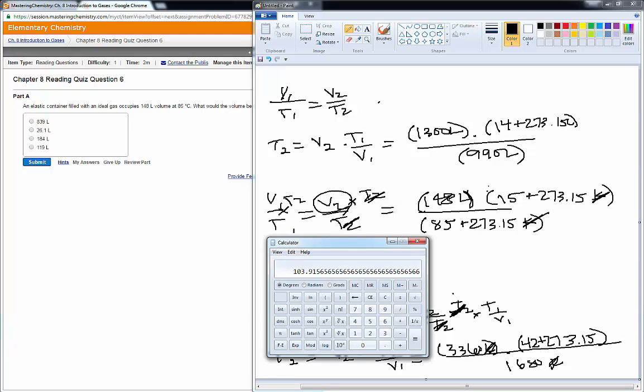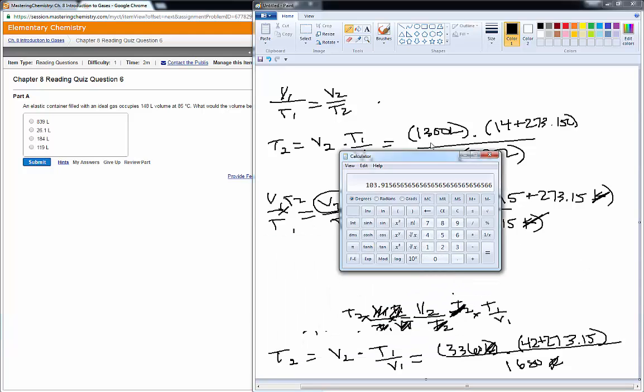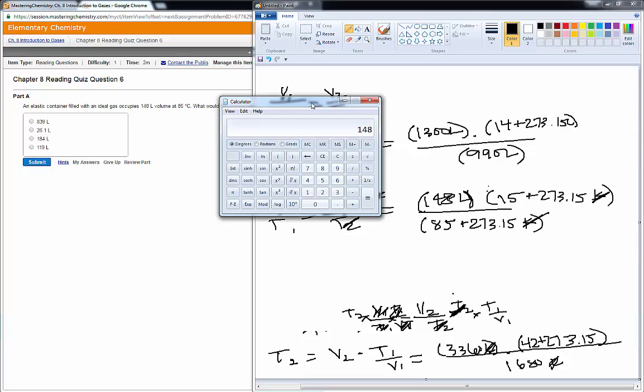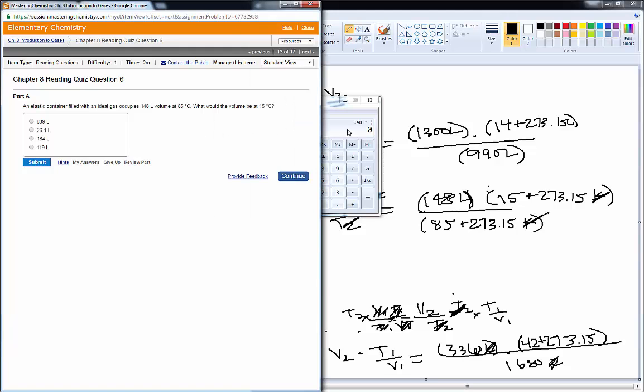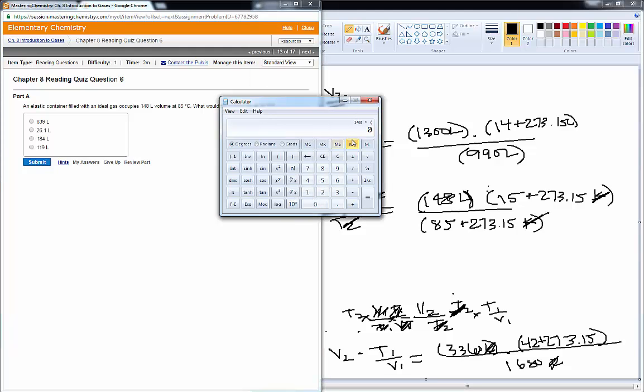Always a good idea to triple check. 148 liters, multiply that by, that is 15. Divide that by. 119 liters, right there.